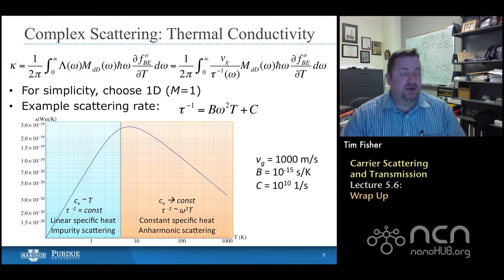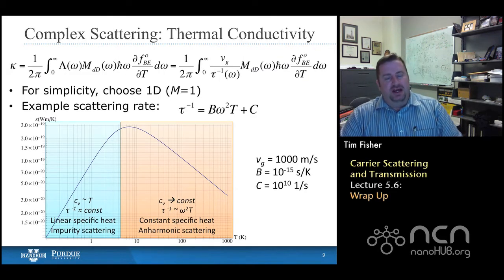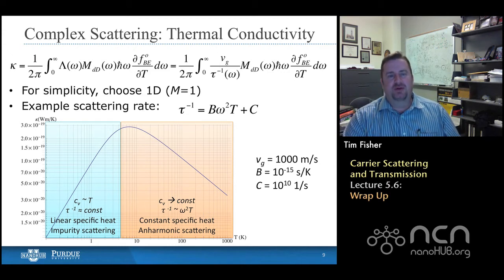Now, scattering itself can be very complicated. Again, I'll repeat, I do not want to trivialize it in any way. I will just say that if we took a simple example where we had a one-dimensional conductor with M, the number of modes, equal to 1, and we include two types of scattering processes.